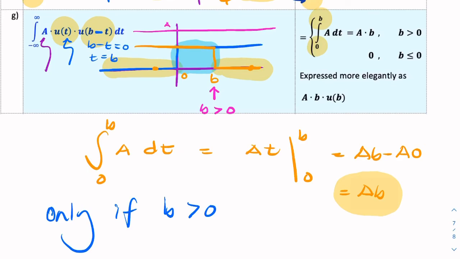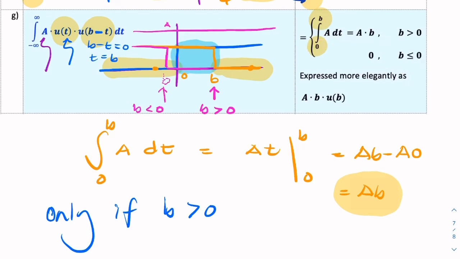But what if b was negative? If b was negative, it would be here. That would be b less than 0. And then when you multiply, you'd have no overlap. It would be 0 and 0 and 0. So if you were to then multiply, your answer would be 0.